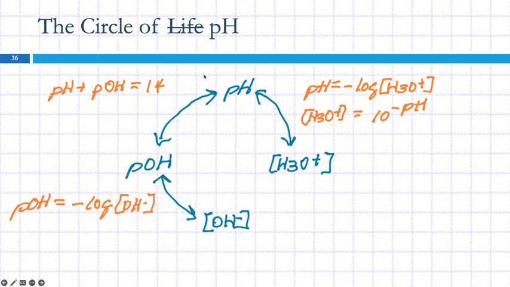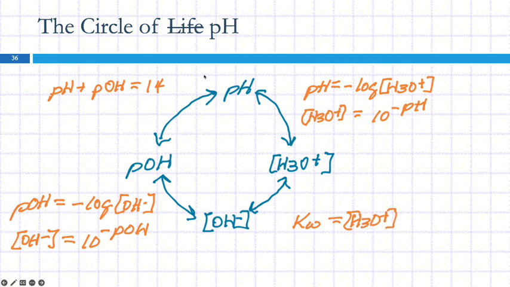Or conversely, the hydroxide ion concentration is equal to 10 to the negative pOH. Can we convert between hydronium and hydroxide ion concentrations? Yeah, that was like one of the first things we learned. The Kw is equal to the hydronium ion concentration times the hydroxide ion concentration. And that is the circle of pH.